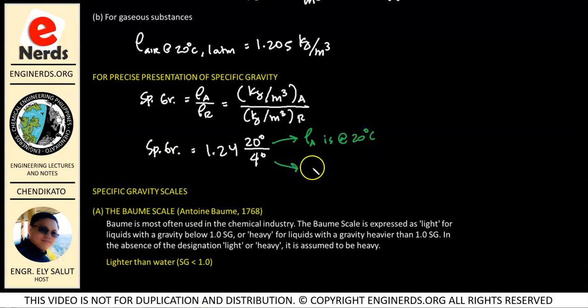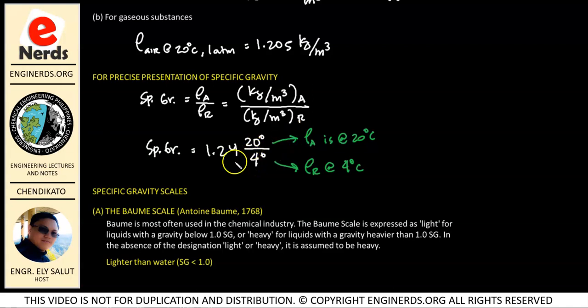And dito naman, yung density ng ating reference is at 4 degrees Celsius. So, we can say that the specific gravity of our substance is 1.24 when the substance is at 20 degrees Celsius and our reference water is measured at 4 degrees Celsius.